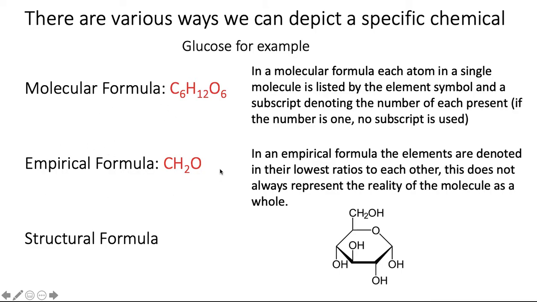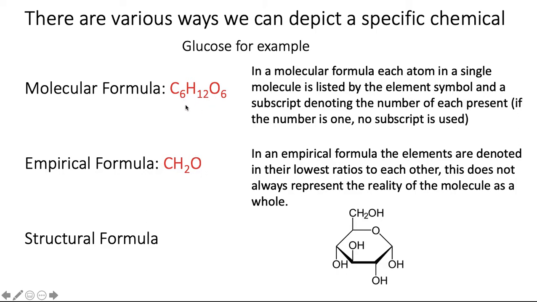The empirical formula is similar to the molecular formula in that it shows us every element by its symbol, but it shows us the lowest ratio to each other. For example, from this molecular formula, if I divide everything by 6, this is the lowest ratio that I can get.